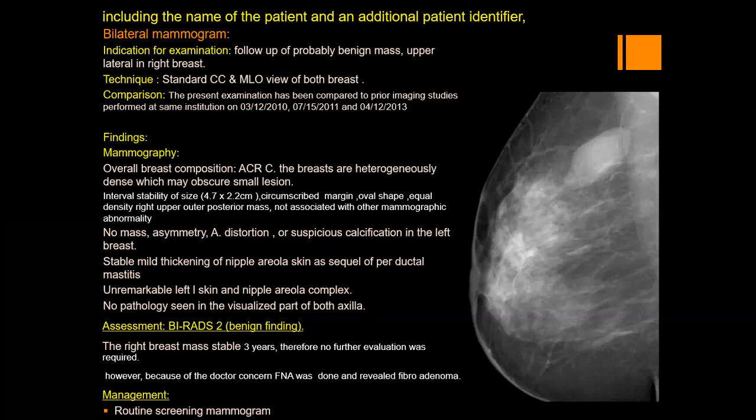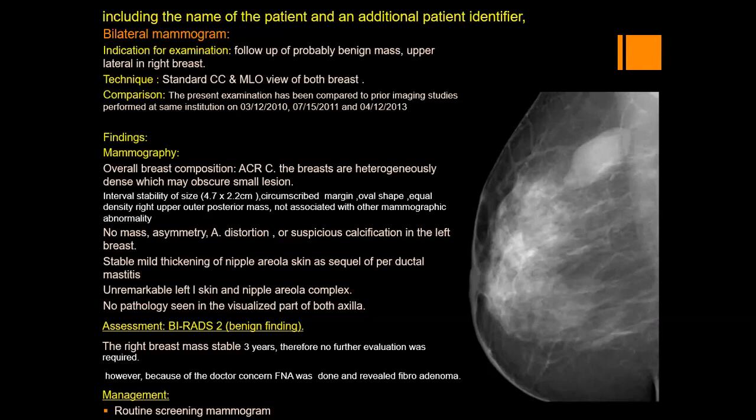Okay, no mass, asymmetry, distortion or suspicious calcification in the left breast. Stable mild thickening of the nipple areolar skin as sequelae of periductal mastitis on both sides, unremarkable on the right side, unremarkable left skin and nipple areolar complex, no pathology seen in the visualized part of both axilla.